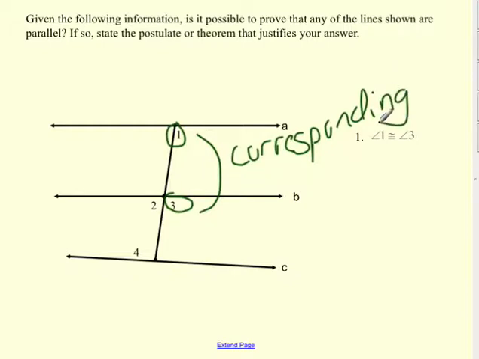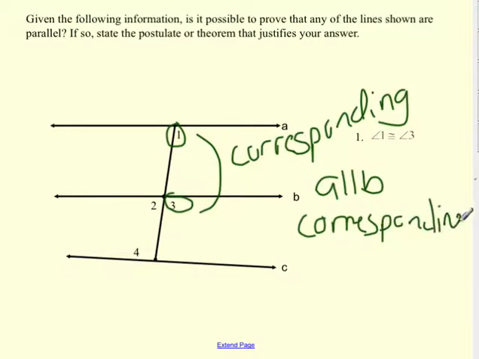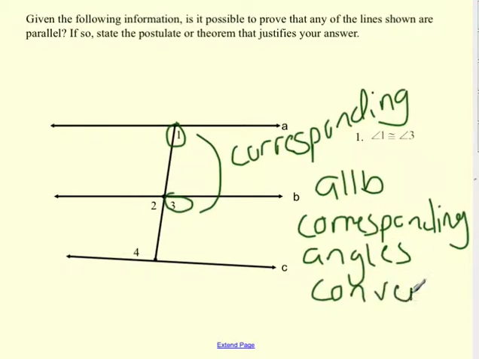Since they're corresponding angles, then yes, we can say that A and B are parallel, because 1 and 3 are corresponding angles to the lines A and B. And that's going to be by the corresponding angles converse. So I was just putting that into practice.